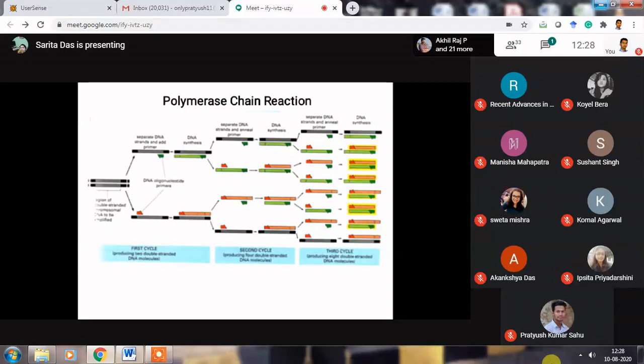So first of all, that specific gene has to be multiplied. Then only can we isolate that gene from the cell. Once that gene has been amplified and is present in a large quantity, then we can isolate our specific gene of interest.